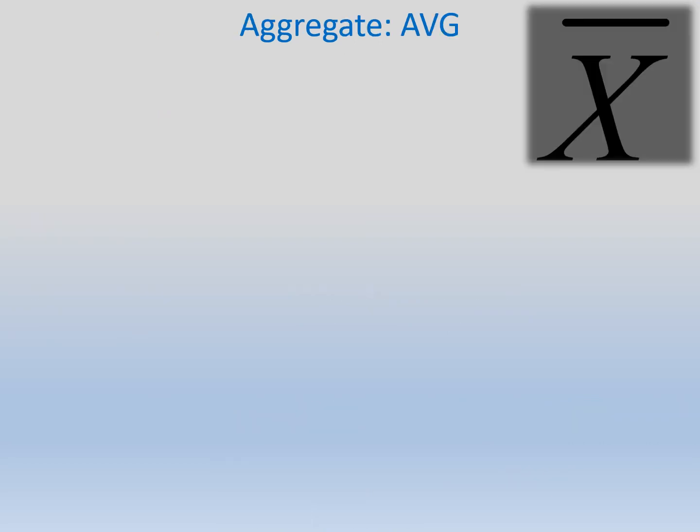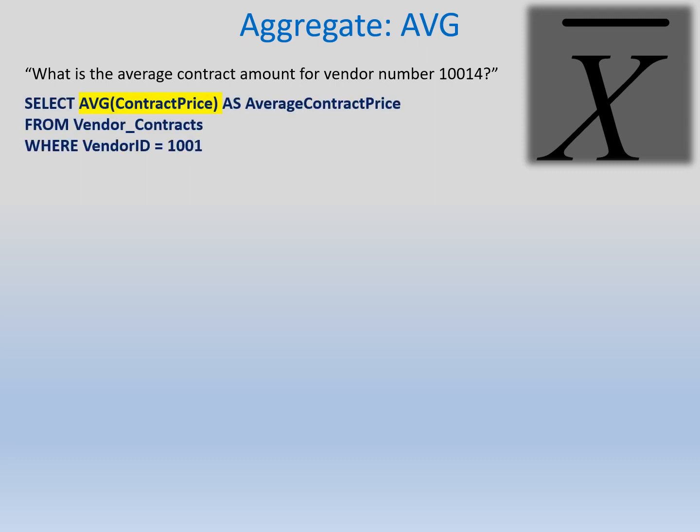Let's now look at select statements that calculate the mean or the average of values in a result set. Our query is, what is the average contract amount for vendor number 10014? With this requirement, we will include a where clause in our select statement.